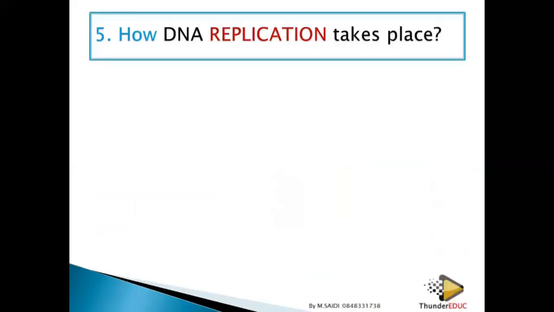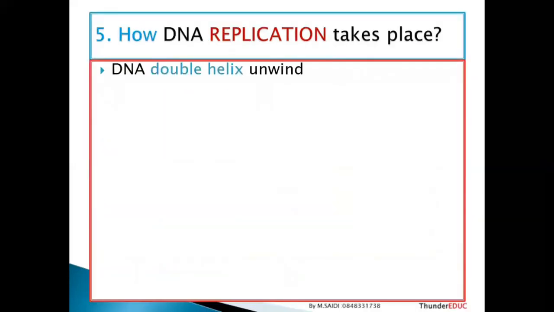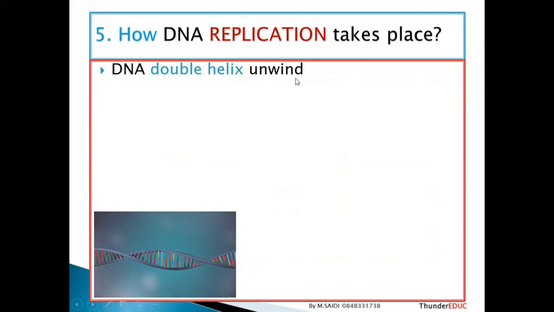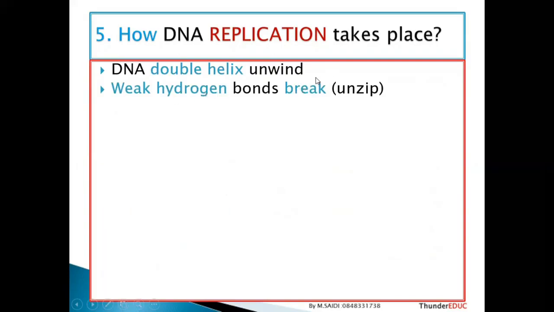So let's look at it. When we are writing, each different color means a marking point, so you should not forget about it. DNA double helix, we give you a tick, unwind. Weak hydrogen bonds break, we give you a tick.